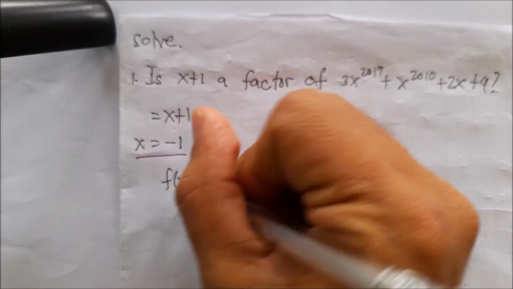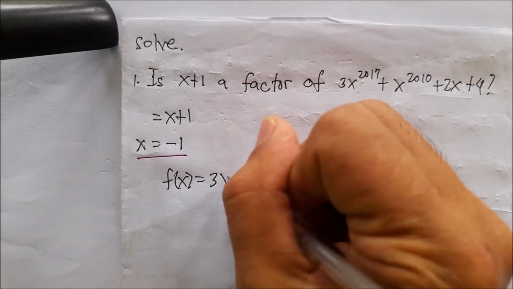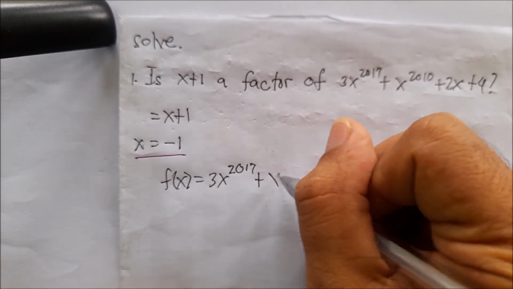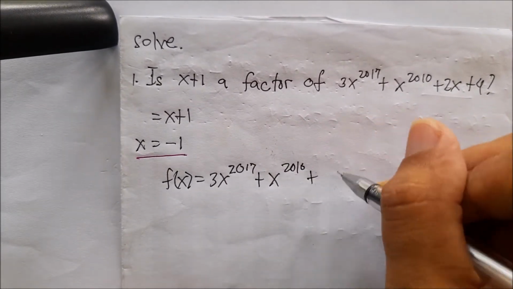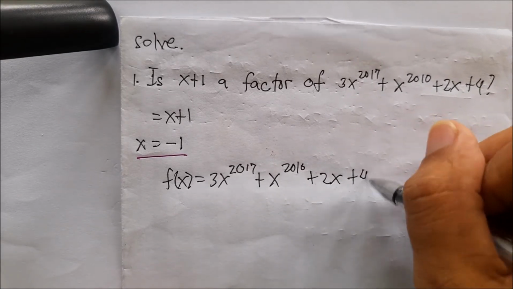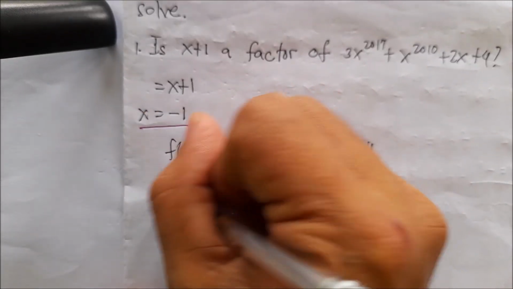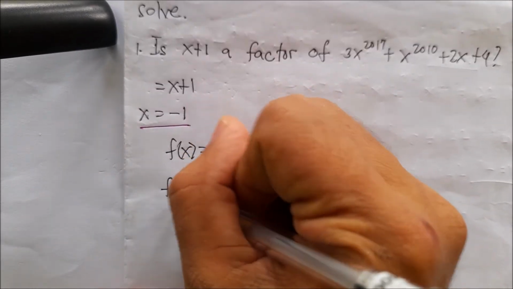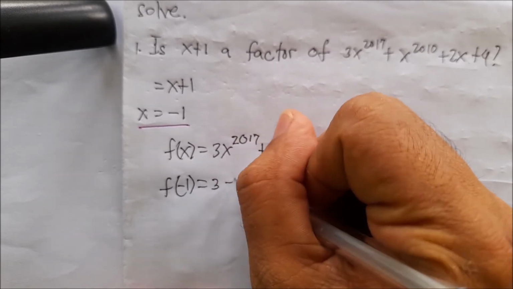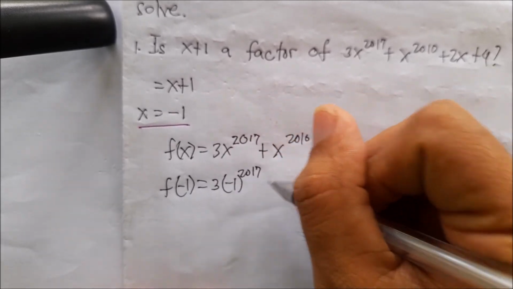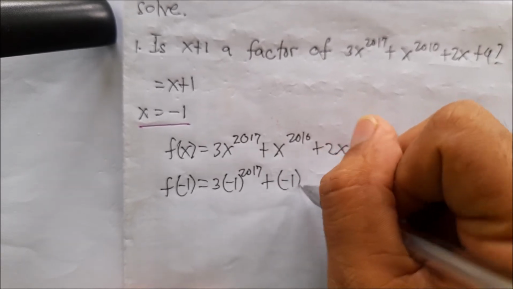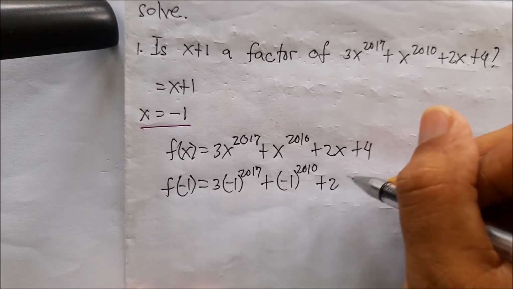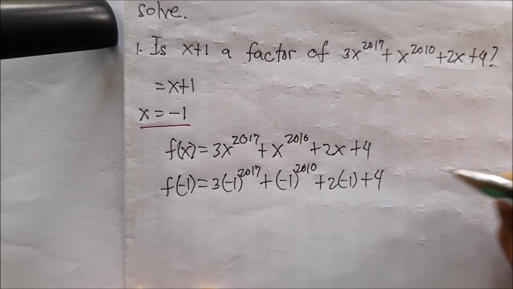F of x equals 3x raised to 2017 plus x raised to 2010 plus 2x plus 4. Substitute the value of x, negative 1: 3 times negative 1 raised to 2017 plus negative 1 raised to 2010 plus 2 times negative 1 plus 4.